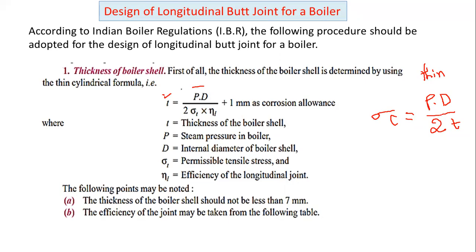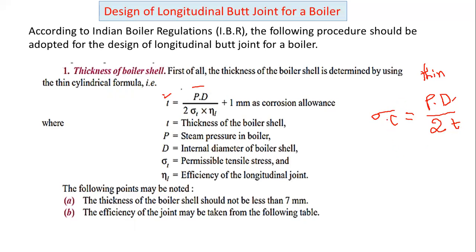For thin cylinders, here P is the maximum inside fluid pressure. D is the inside diameter, internal diameter of the shell. T is the thickness of the cylinder.